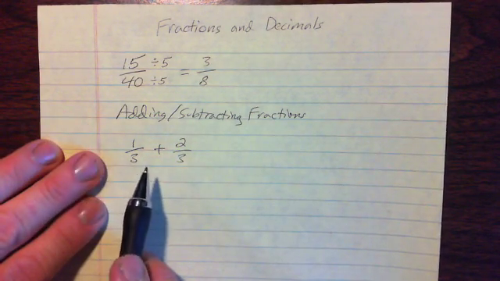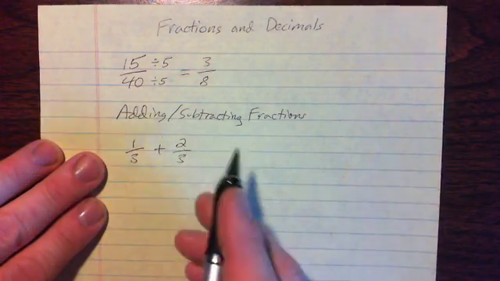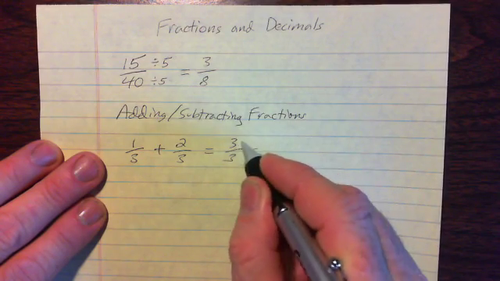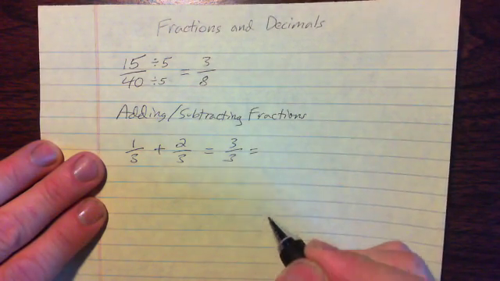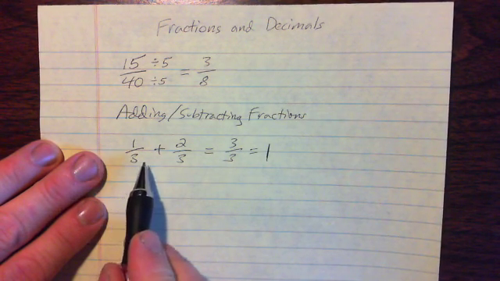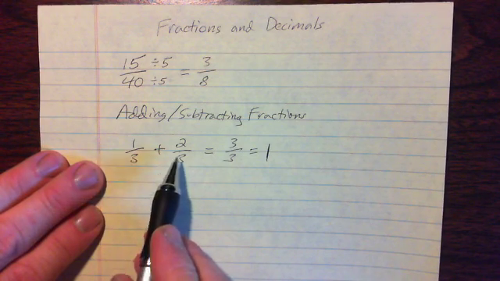Well, of course, they're the same denominator, so 1/3 and 2/3 makes 3/3. Or if you reduce that, divide the top and the bottom by 3, you get 1.